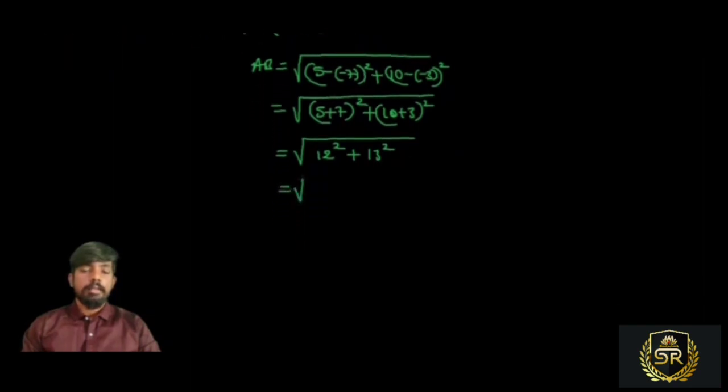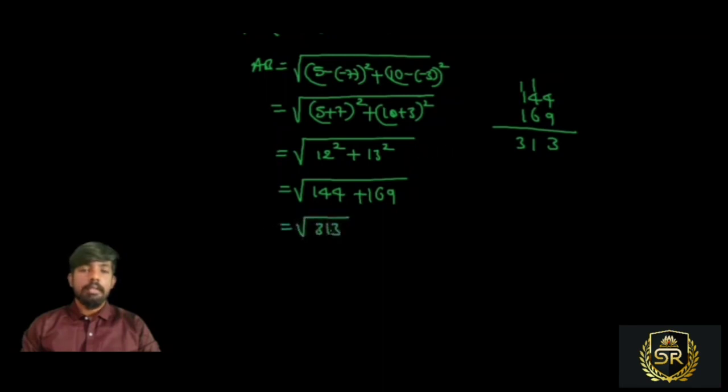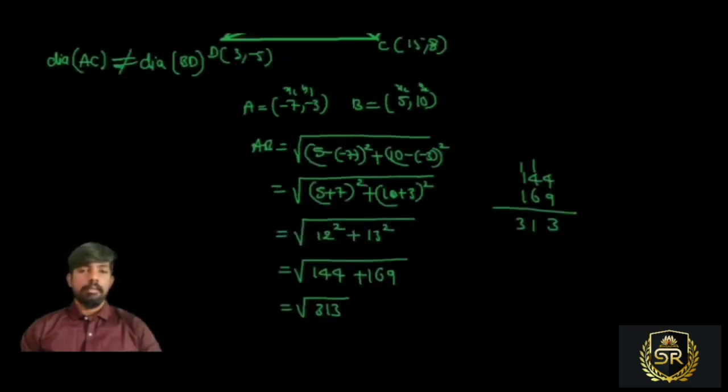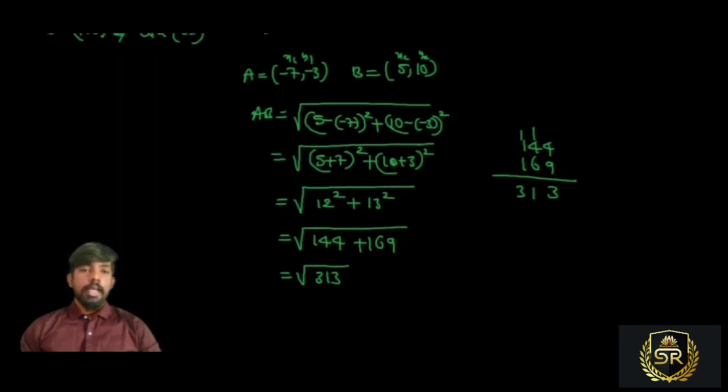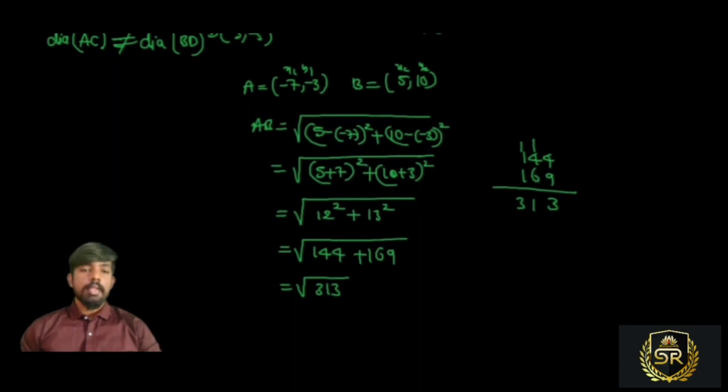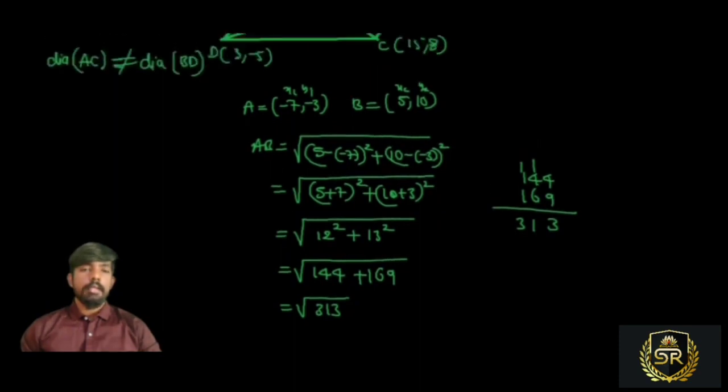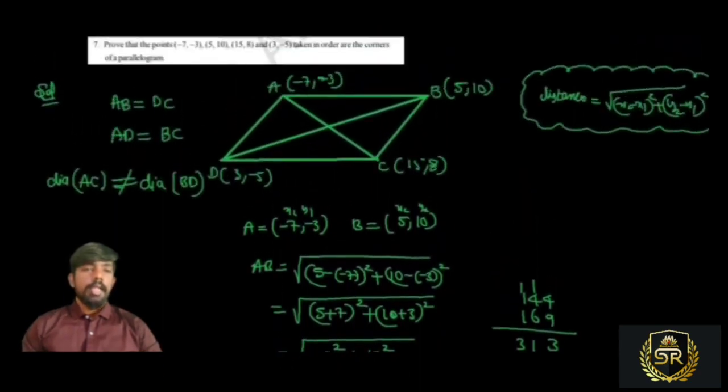So root over 12 square is 144, 13 square is 169. If I add 144 and 169, we get 313. So here the AB distance we got is root over 313.